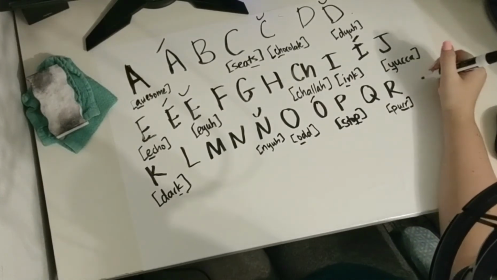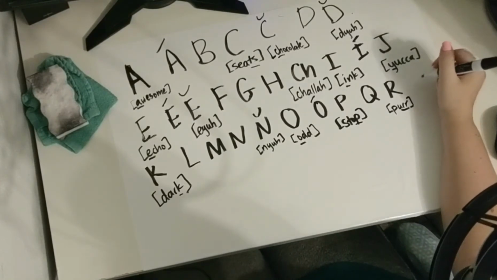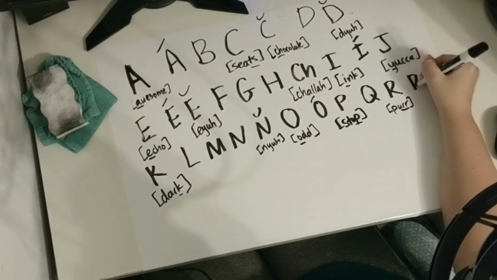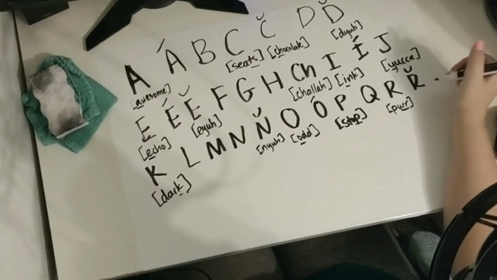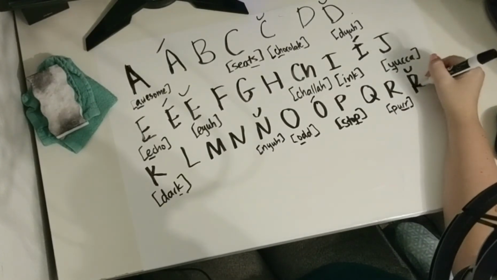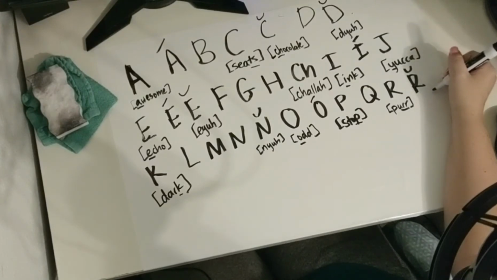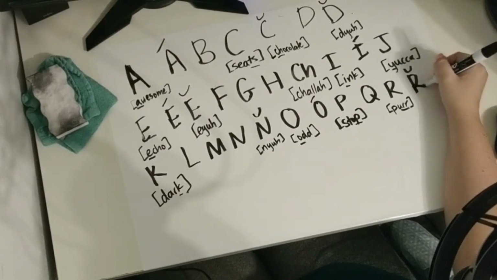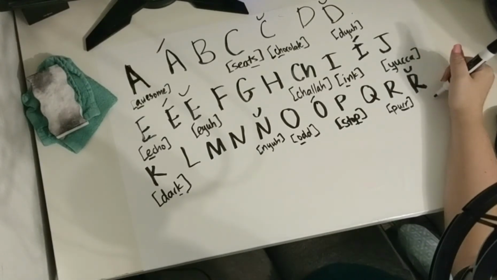Getting a little more complicated. We have the dreaded R with the hachek, the Czech R. Now, this sound does not exist in any other language in the world. Czechs are very proud of this letter. And it's very difficult to pronounce. Even school children or kids learning the alphabet have a hard time with it.